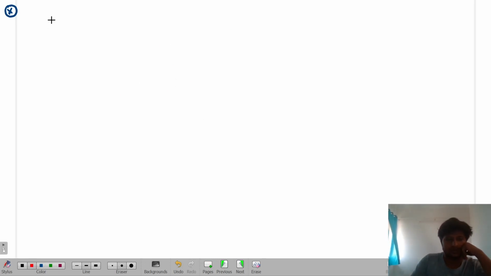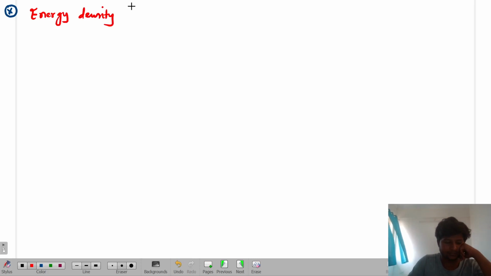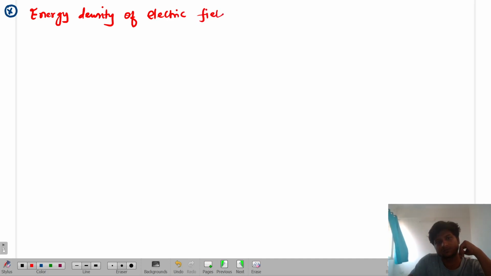So look over here. You have to basically remember this formula. We call it energy density of electric field. It is given as energy per unit volume.